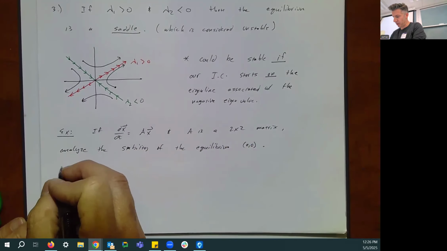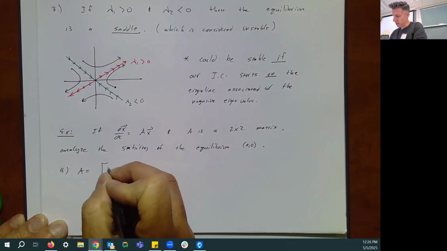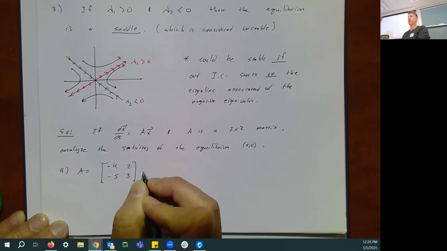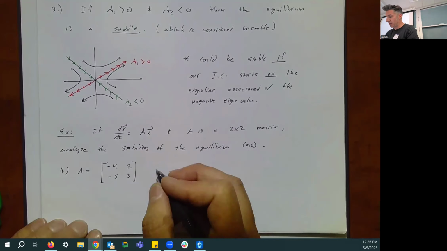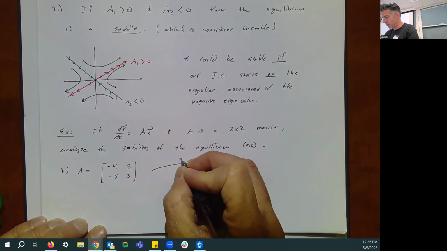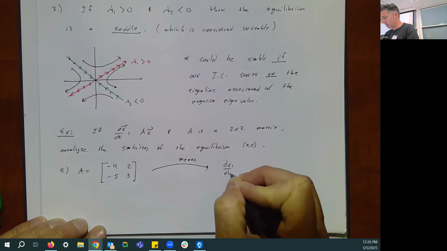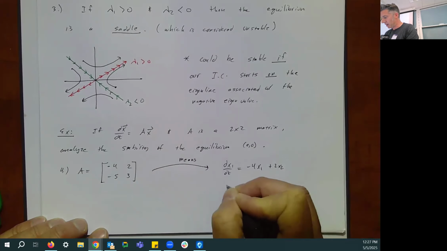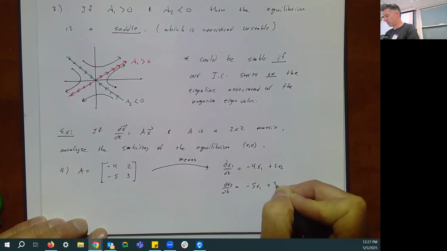So in the first example here, A is the matrix -4, 2, -5, 3. Even though we didn't write the whole thing, we know that this means you have two differential equations: dx1 dt equal to negative 4 times x1 plus 2 times x2, and dx2 dt equal to negative 5 times x1 plus 3 times x2.